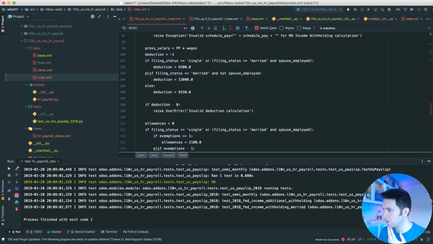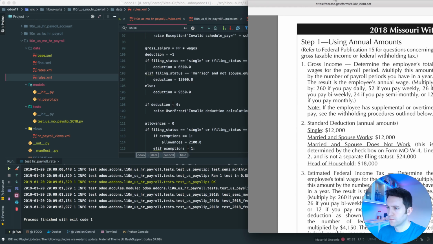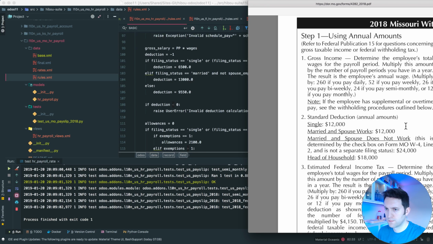Annual deduction is 24,000 divided by 2. So we have our gross salary, standard deduction, annual amounts, single, 12,000. So I don't see where we don't have 12,000 here.